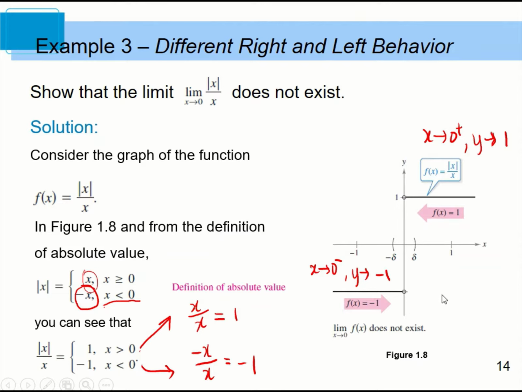Any situation when the limit from the left hand side is not the same as from the right hand side, we say the limit does not exist.